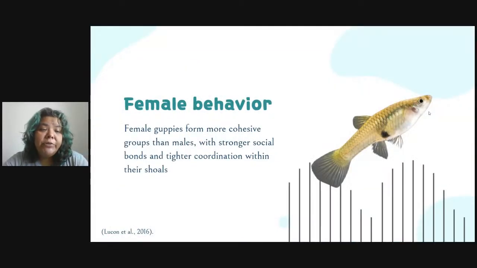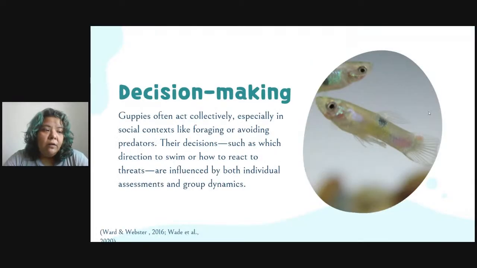And we decided to use only female guppies for these tests because female guppies form more cohesive groups than males, with stronger social bonds and tighter coordination within their shoals. Guppies often act collectively and make decisions collectively, especially in social contexts like foraging or avoiding predators.